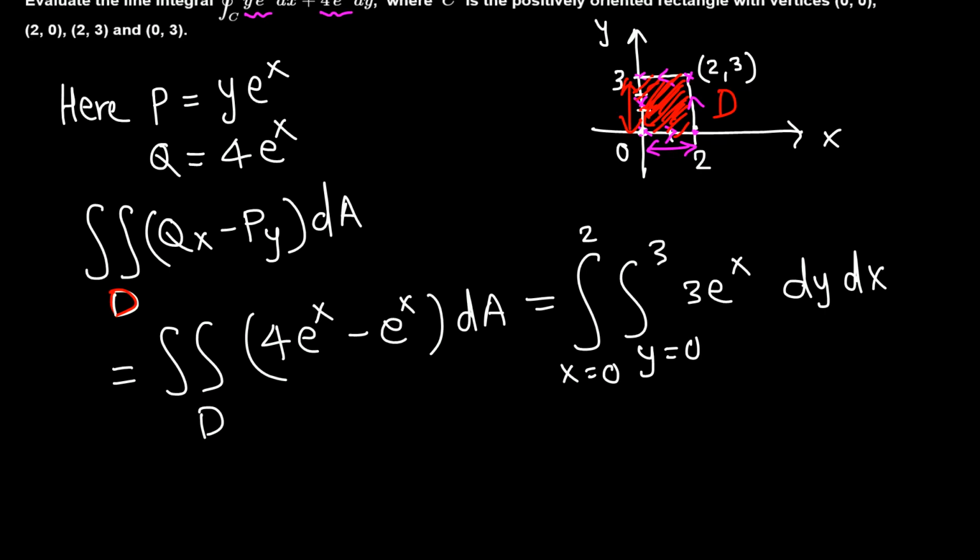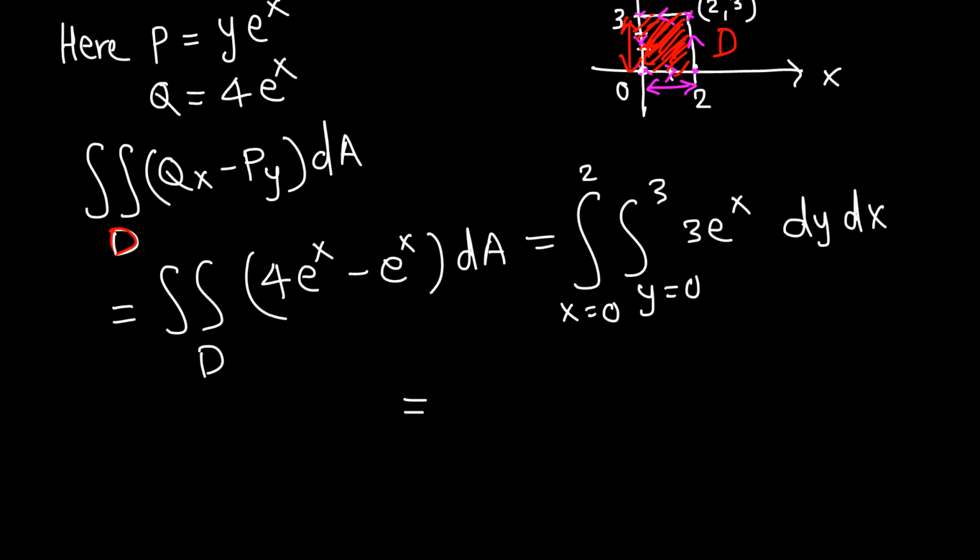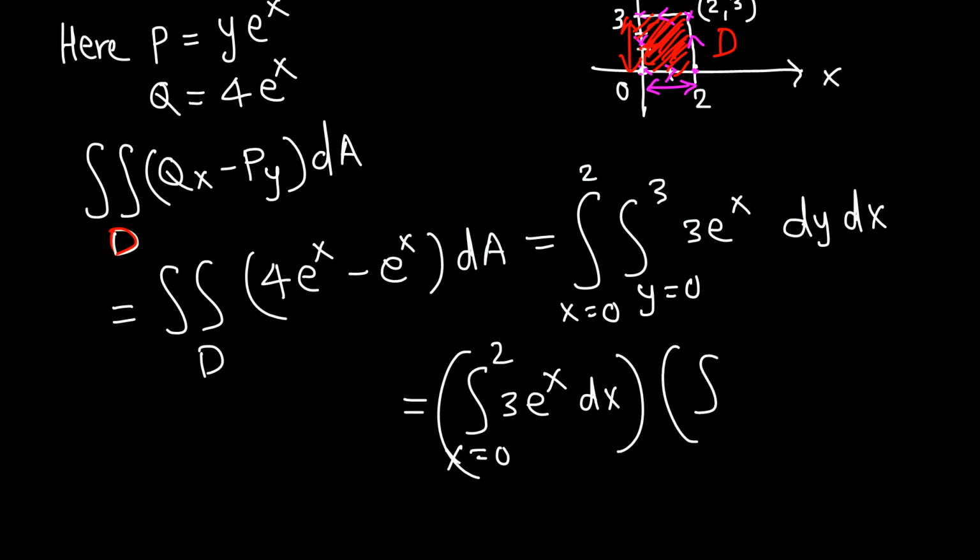Now let's evaluate this. In fact, these are all numbers, so let's do the iterated integral. This is just e^x from 0 to 2, the antiderivative of 3e^x with respect to y. There is no y, so what we can do is write this 3e^x dx here, one part, and y equals 0 through 3.